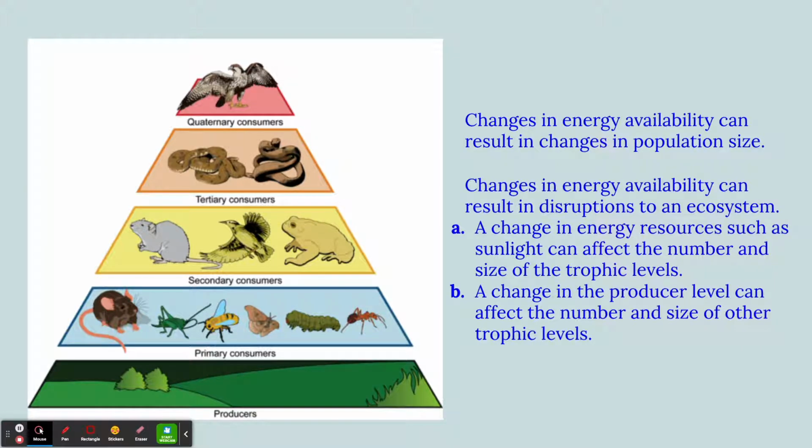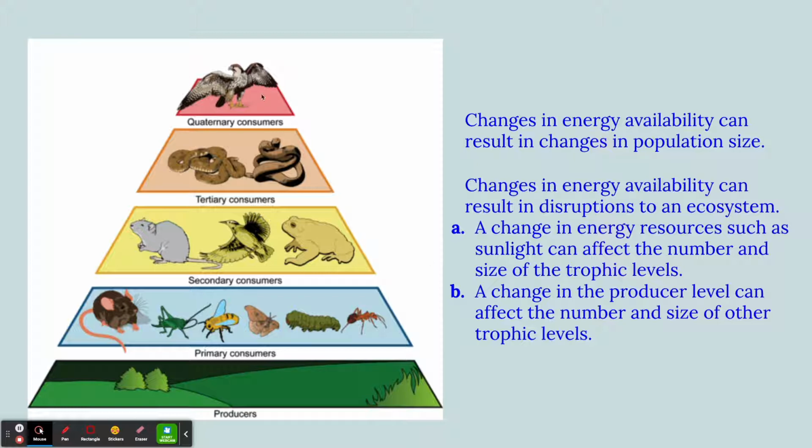If we're changing any of the energy resources, like if sunlight was affected for some reason, which is what our producers use to grow, reproduce, and maintain themselves, that would have a complete bottom up effect. It would affect every single consumer all the way up to the top. This can also happen at other levels.